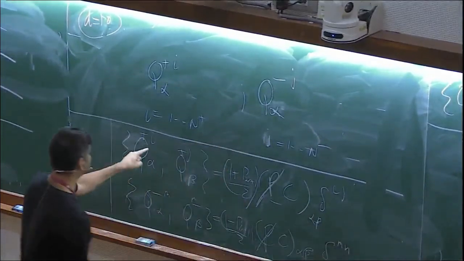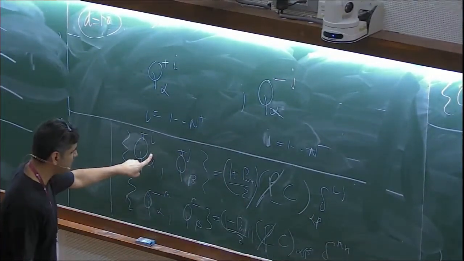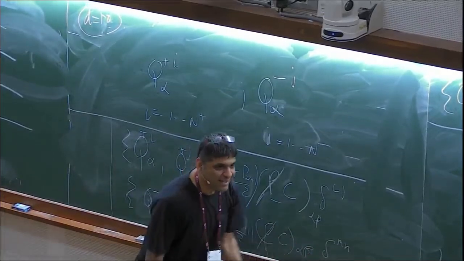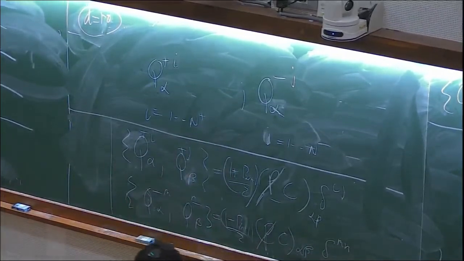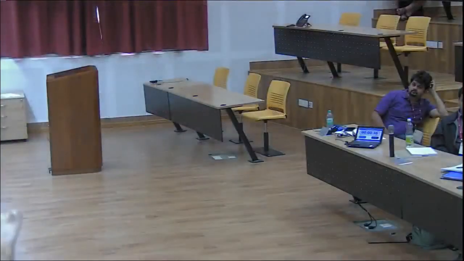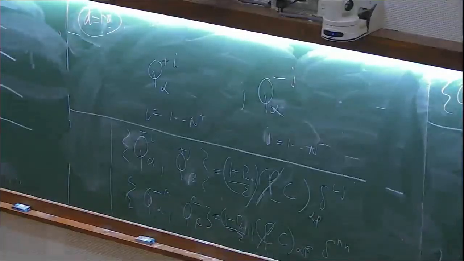But that is just SO(N plus) times SO(N minus). So the outer automorphism algebra, the algebra of linear transformations you can do on Qs that leaves the algebra unchanged, is SO(N plus) times SO(N minus). With Zij non-zero, that symmetry is broken. Or another way of saying it is that Zij transforms like a bifundamental under that symmetry.